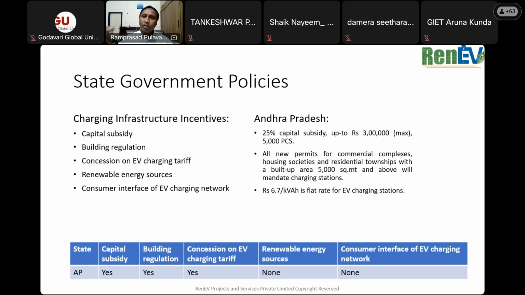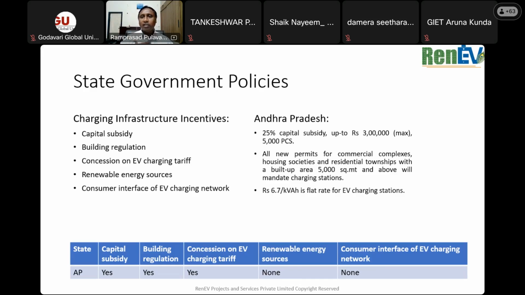Whereas Government of India is giving a subsidy on both the charging infrastructure as well as charging equipment. Government of Andhra Pradesh is only giving capital subsidy for the charging equipment. So 25% capital subsidy is there up to 3 lakh maximum.